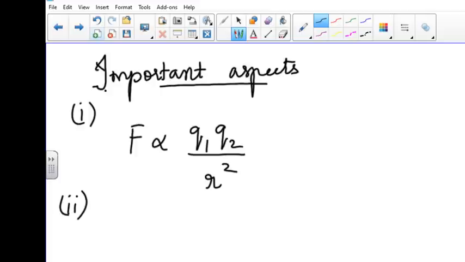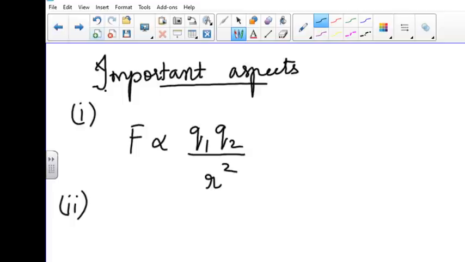And the second aspect is about the force on the charge q2 by the charge q1, which will always lie along the line joining the two charges. So it talks about the direction of the force. In what direction does the force act?